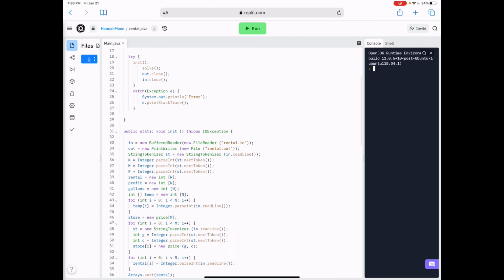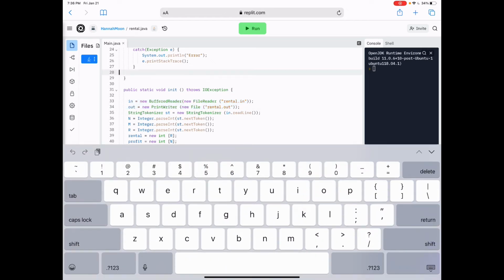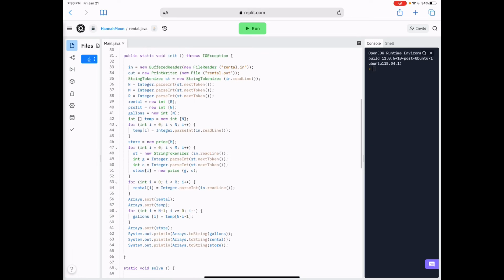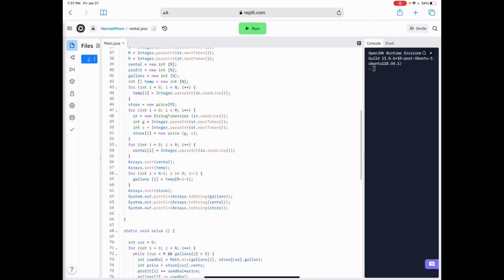I've divided it into initialize, solve, and then the input and output as USACO would like it formatted. I take in N, M, and R. I put the values into a temp array first because I need to organize the gallons from highest to least.